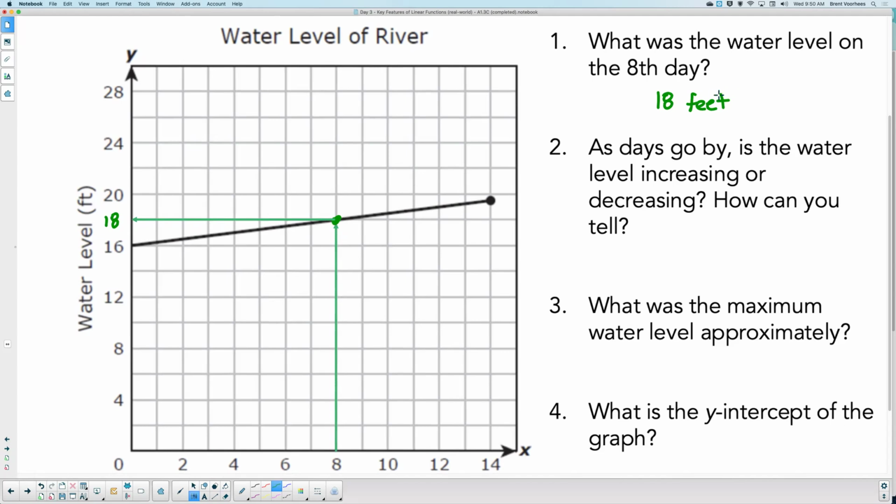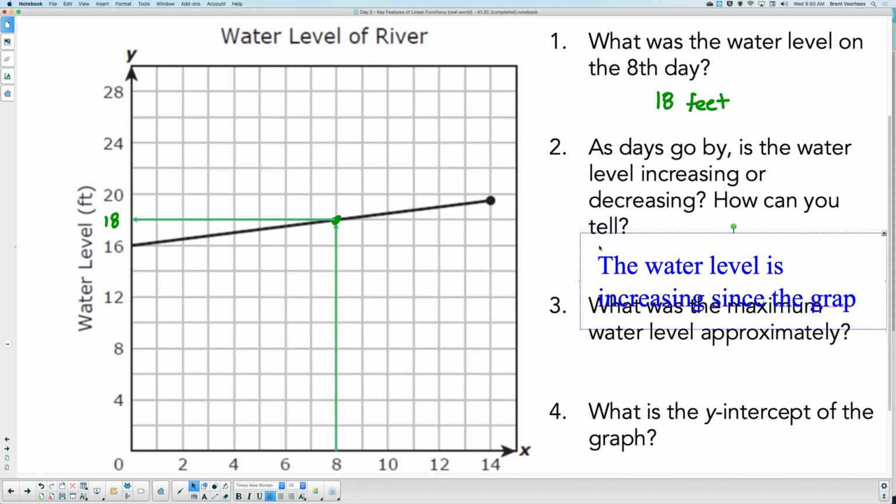Now, the next question here. As the days go by from day 0 to day 14, is the water level increasing or decreasing? Why is it increasing? How can you tell? Because the graph is going up, it is increasing. The water level is increasing since the graph goes up.